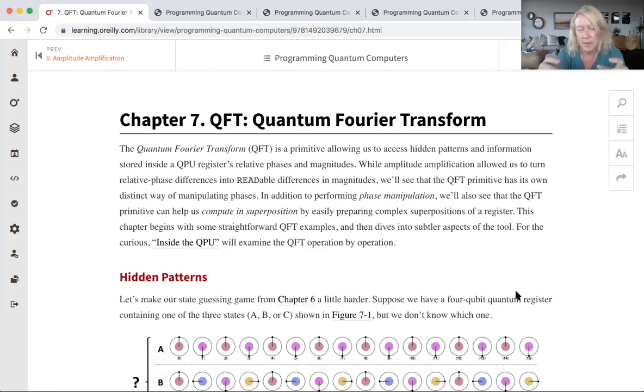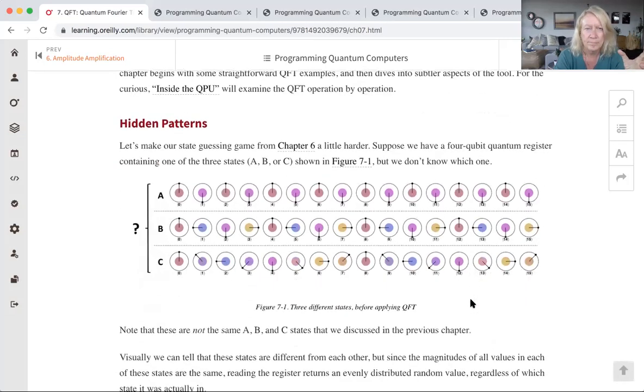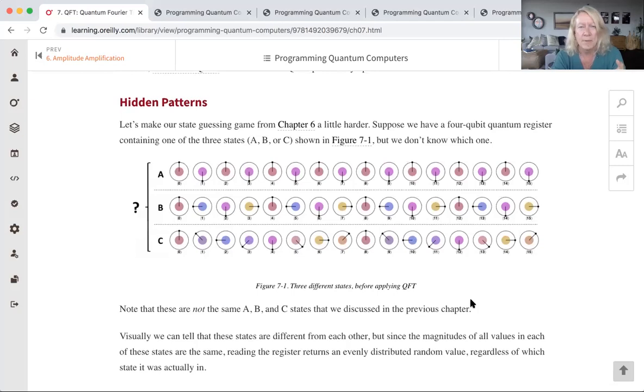And it talks about how we're going to be using complex superpositions of a register. So the first example the authors give is a 4-qubit register that has one of 3 states. It has A, B, or C. And they point out that it's not the same A, B, or C that we were looking at in chapter 6.